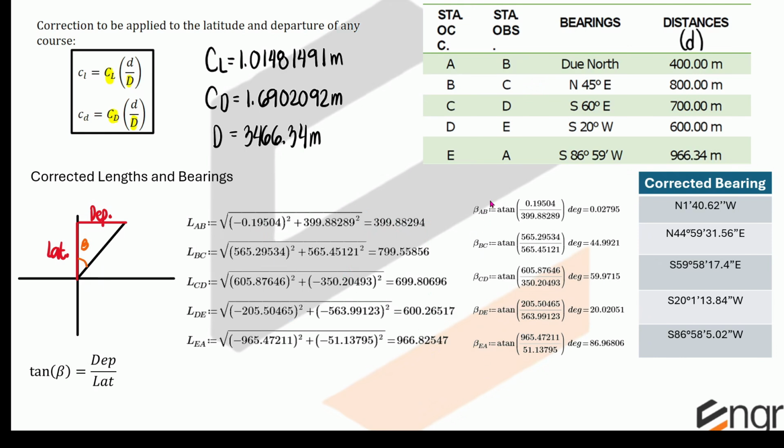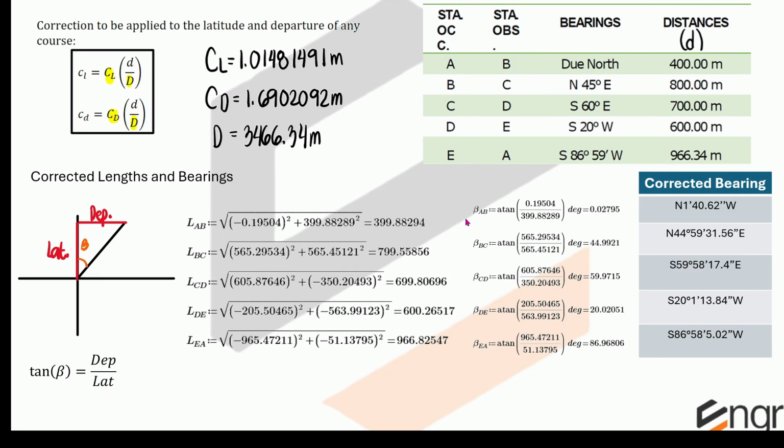Once that's done, we can solve the corrected lengths. And for the bearings, if we look at our figure, to solve the bearing based on the departure and latitude, the latitude is adjacent to this reference angle, while the departure is opposite to this reference angle. So we can use tangent beta equals opposite over adjacent, departure divided by the latitude.